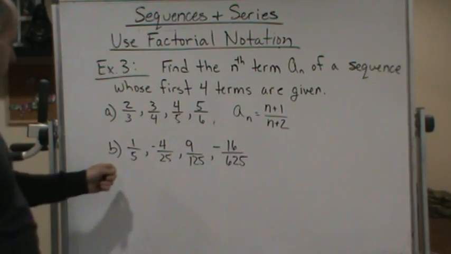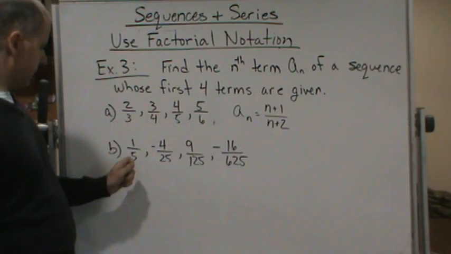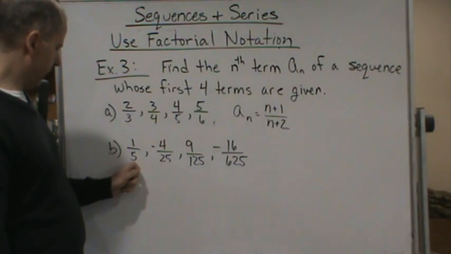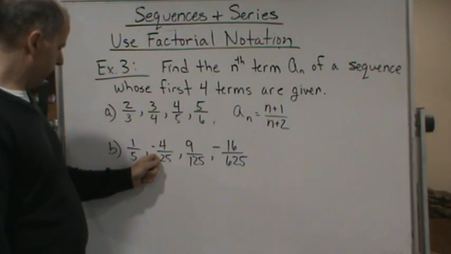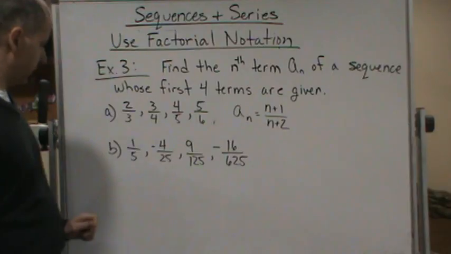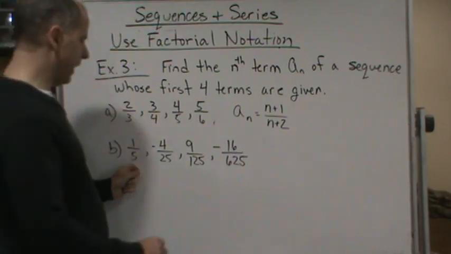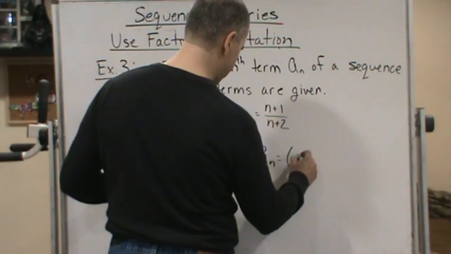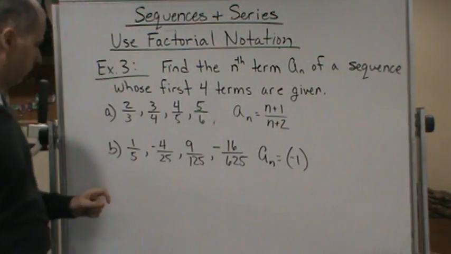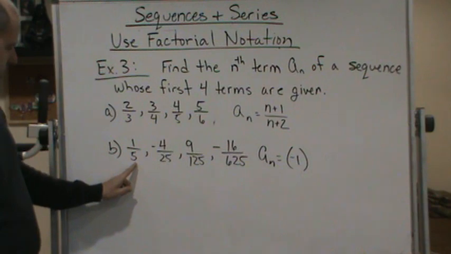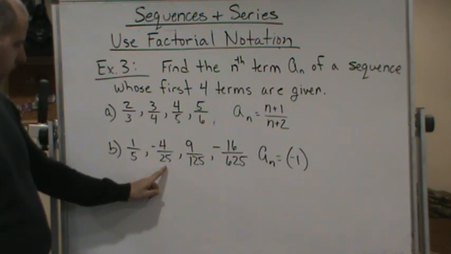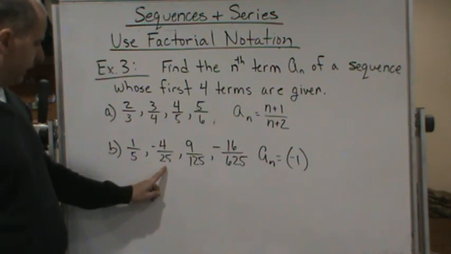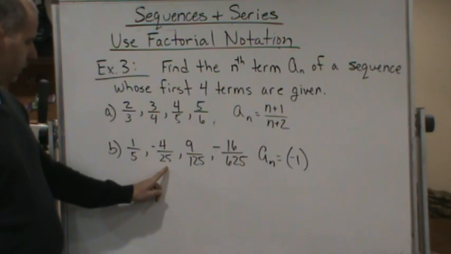Okay, now what about this one here? First thing I notice is that the terms are alternating signs, right? So there's going to be a -1 here. Now, this is the first term, second term. So for every even, right, you get a negative term.